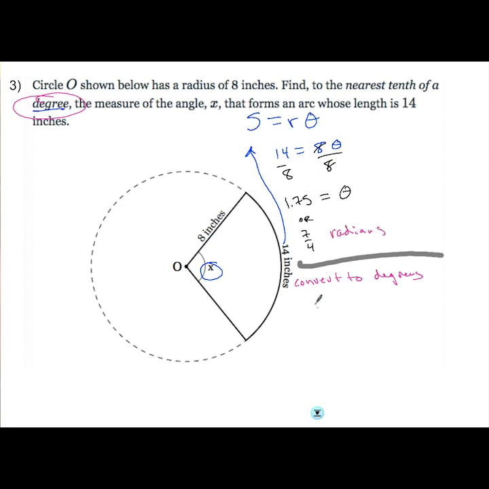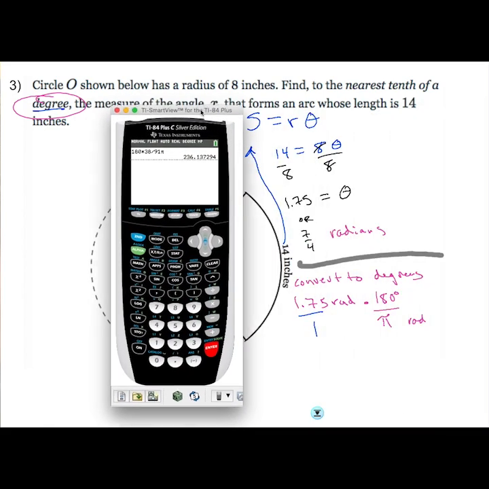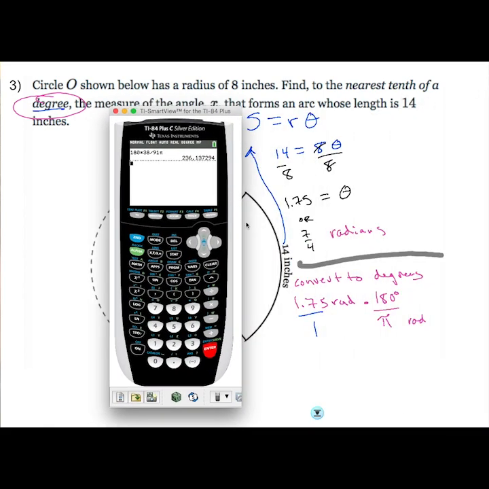So to convert this, I go 7/4 or 1.75 radians times 180 degrees over pi radians. We talked about this conversion in our last unit. All right, so we're going to multiply.